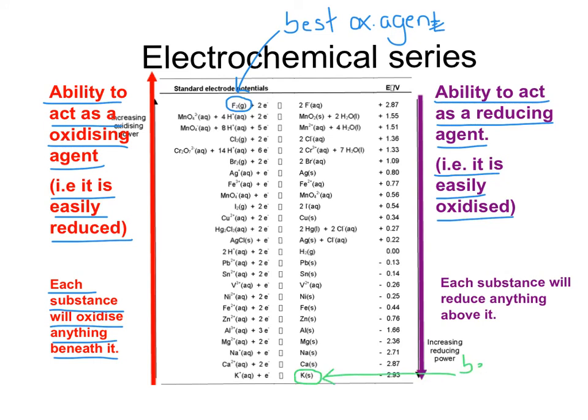So it will give up its electron most easily of all the reducing agents on this list. So therefore, it makes sense to say that each substance will reduce anything above it. So this potassium can reduce anything above it in this electrochemical series.